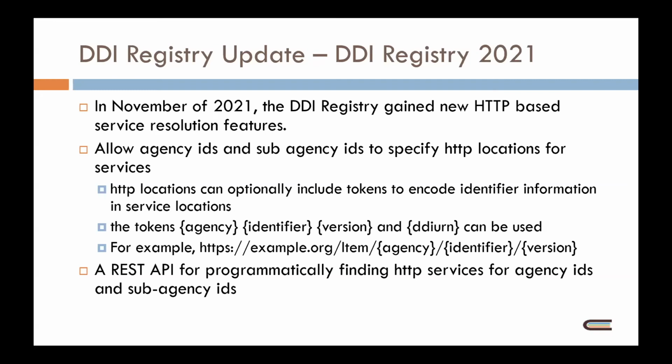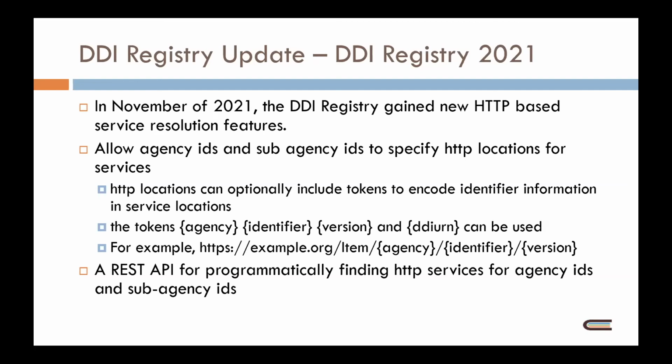So in addition to being able to specify HTTP resolution endpoints, there's also a REST API for programmers to automatically find all available HTTP services for an agency ID or for a sub-agency ID. And that will give them a list of all of the available services for each agency or sub-agency along with the HTTP endpoints.